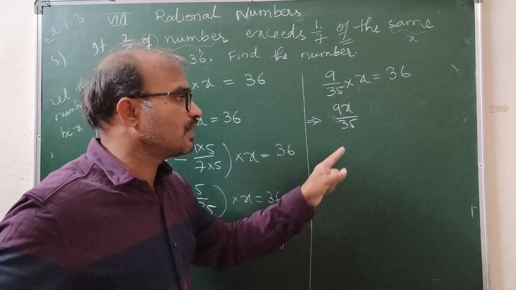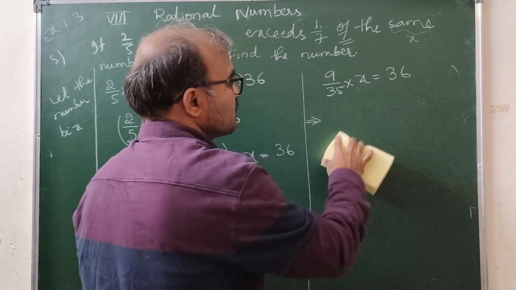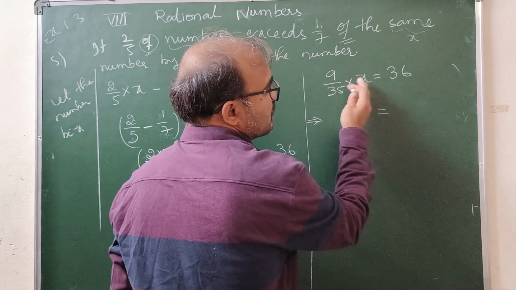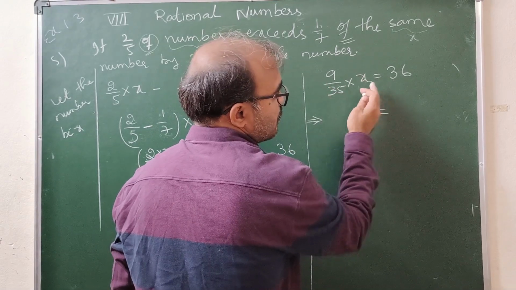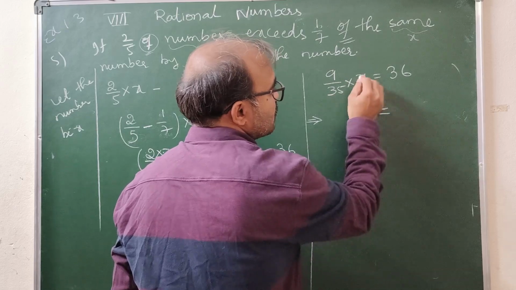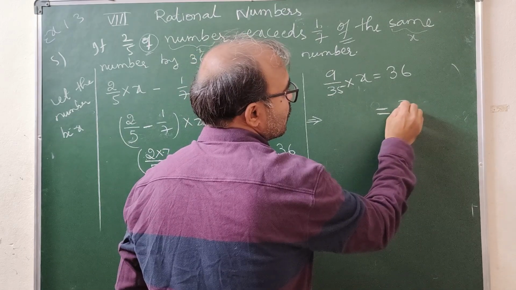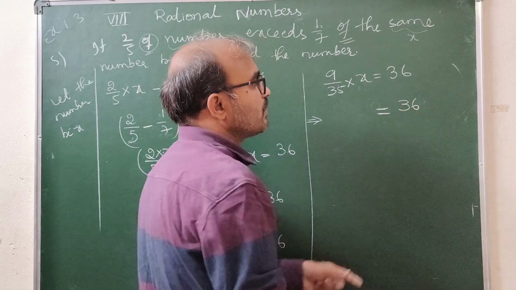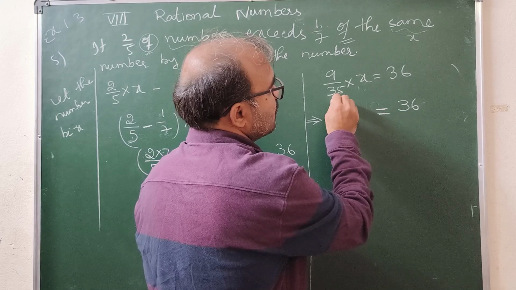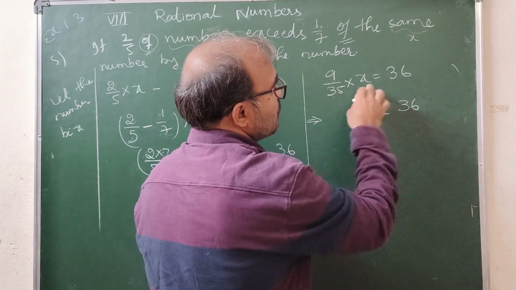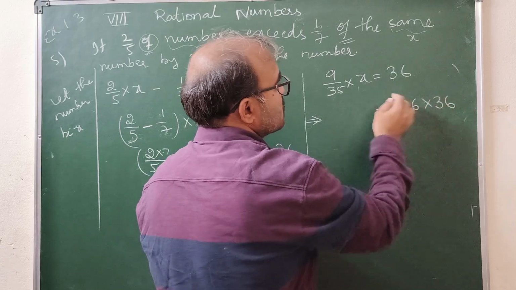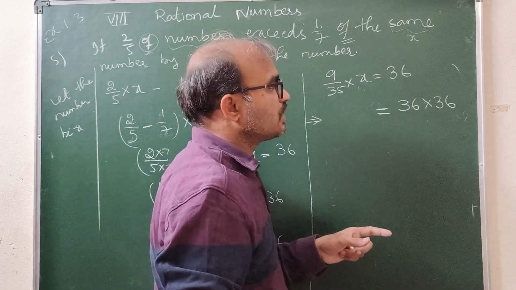When you take the number to the other side, 35 is on the left side of the equation, so on the right side, whatever number is available, write as it is. Whatever you are taking from the left side, observe that it is in the denominator, so write it in the numerator with a multiplication symbol.